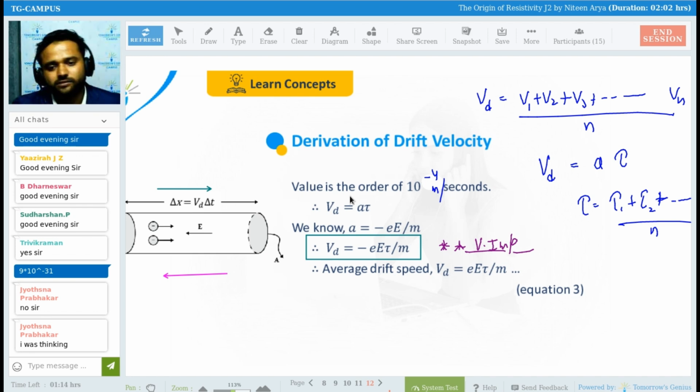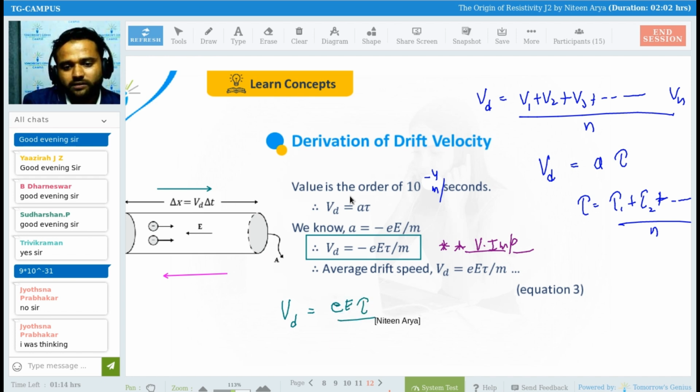Then there is a relation we also found. This is average speed. So when they tell you to find the average drift speed, you just forget the negative sign, because this is how we find the speed from the velocity.